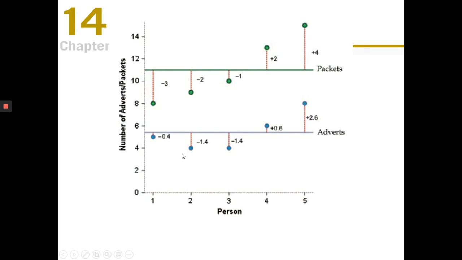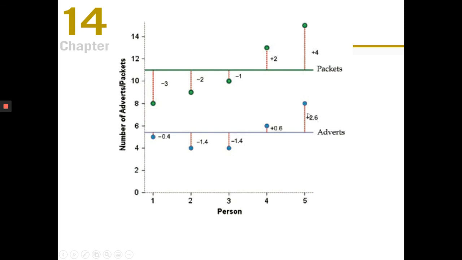Person 2, they see considerably less number of adverts than average for the sample. They buy less packets. Same direction. Person 3, they see less adverts, they buy less packets. Same direction. Person 4, they see a little bit more adverts, they buy a little bit more packets of candy.